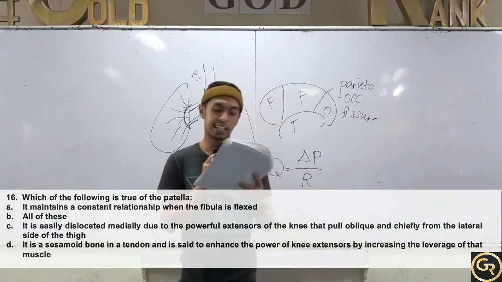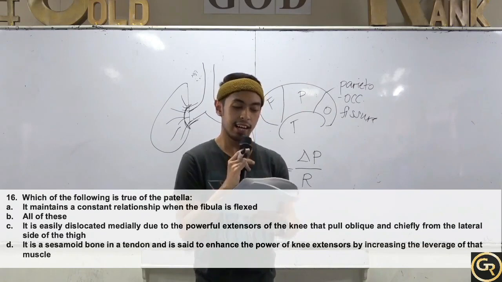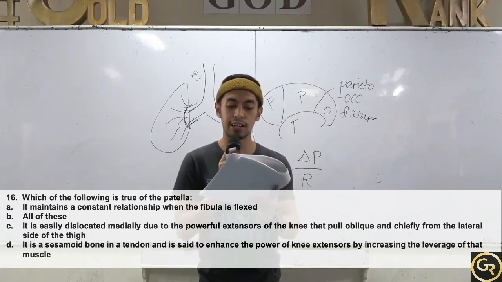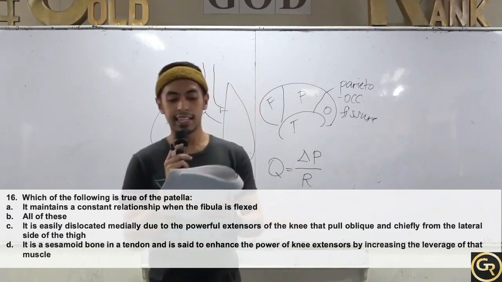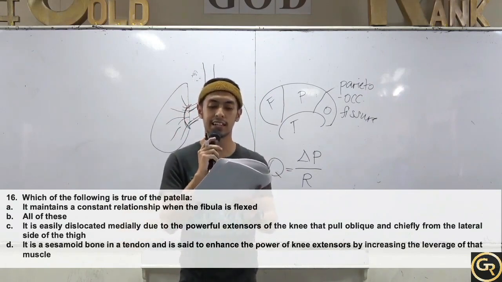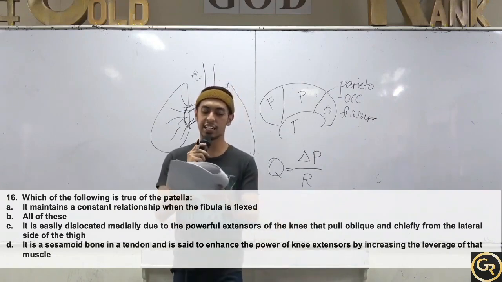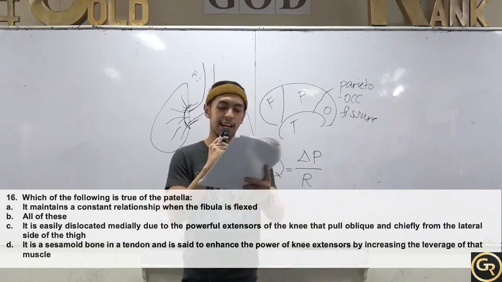So it should be lateral, not medial. The only correct one here is letter D. It is a sesamoid bone in a tendon and is said to enhance the power of the knee extensors by increasing the leverage of that muscle. Right? That's what we discussed earlier. So for number 16, that's letter D.